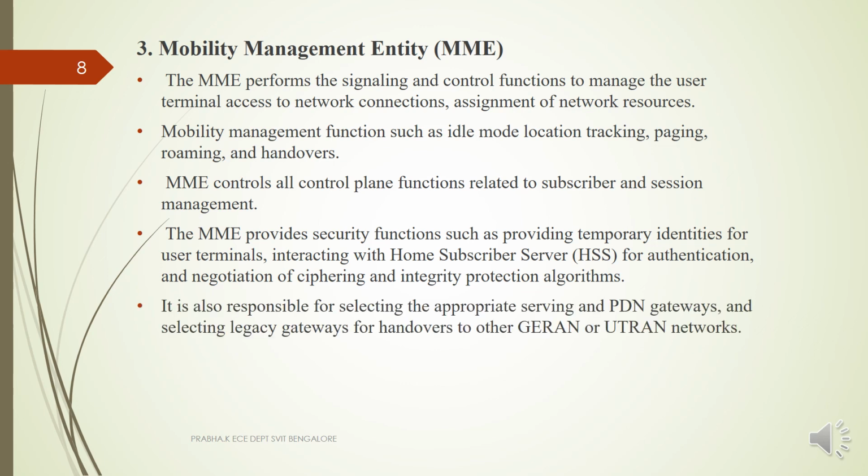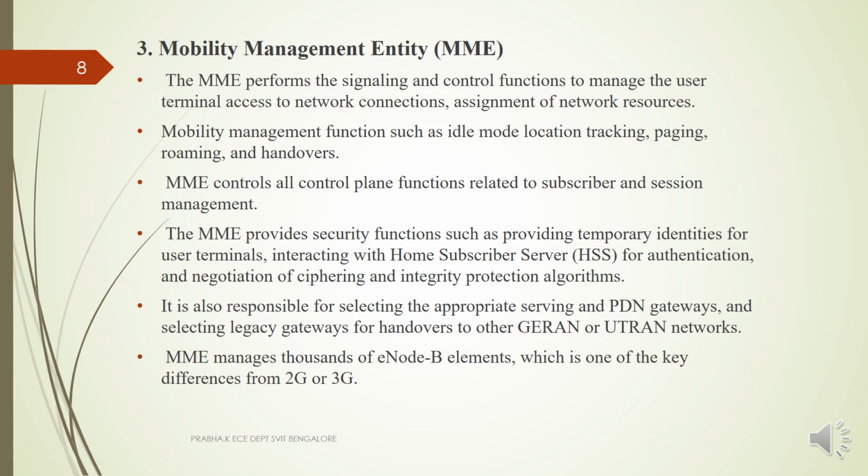It is also responsible for selecting the appropriate serving and PDN gateway and selecting the legacy gateways for handovers to other GERAN or UTRAN networks. MME manages thousands of eNode B elements, which is one of the key differences from 3G or 2G.